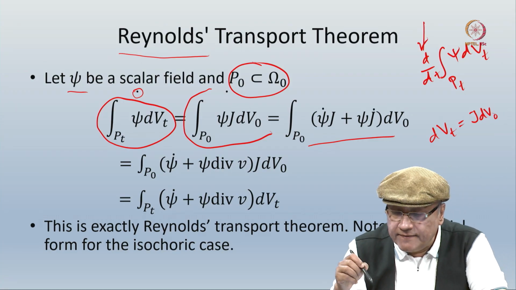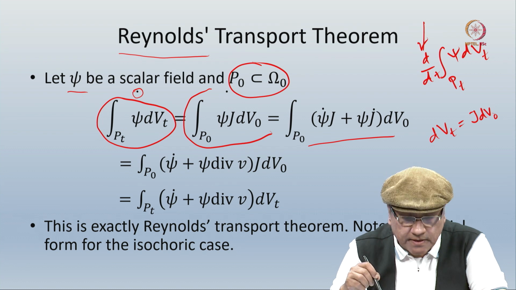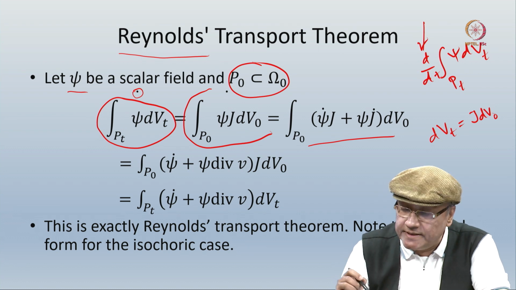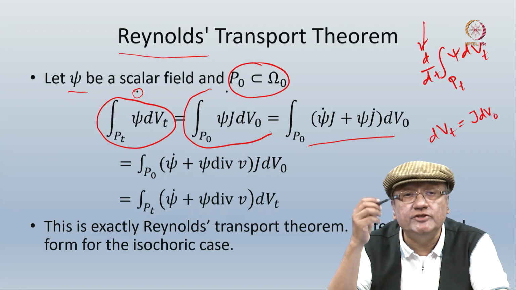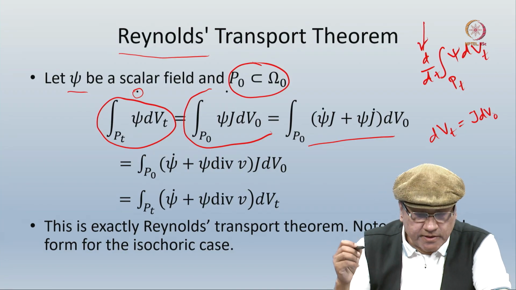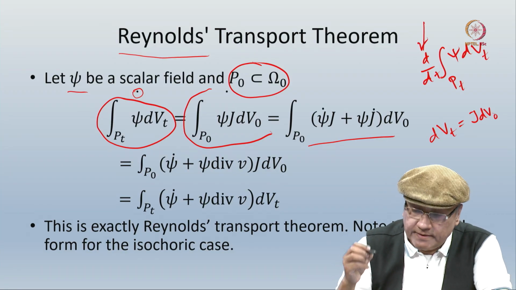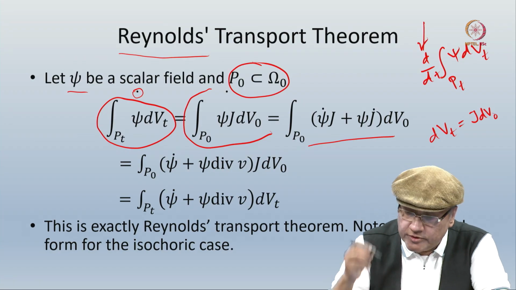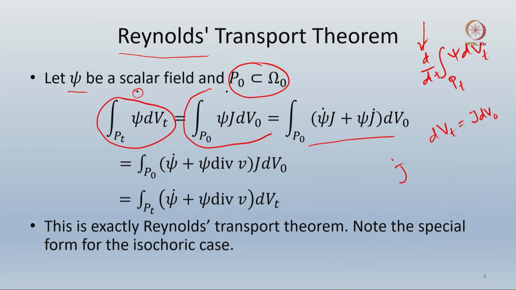Now, we already have seen another relationship relating j dot with j. You recall that j is the determinant of the deformation gradient, and j dot was j times the divergence of the velocity field v.